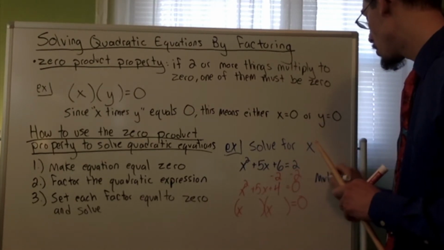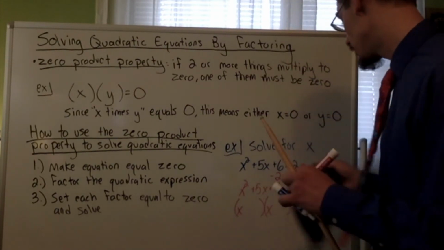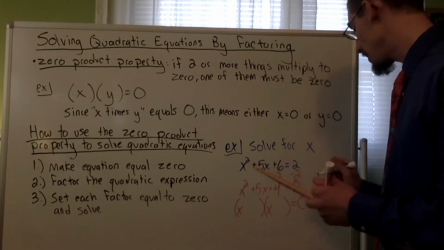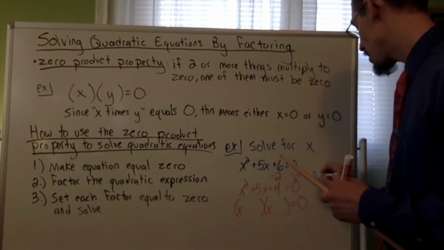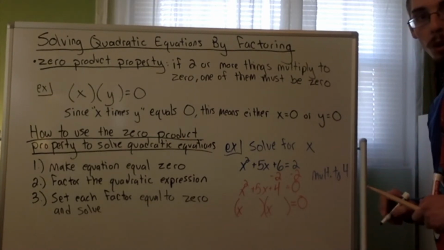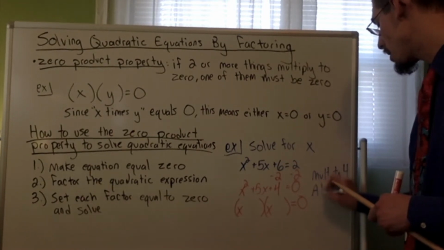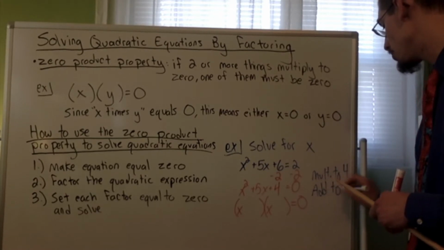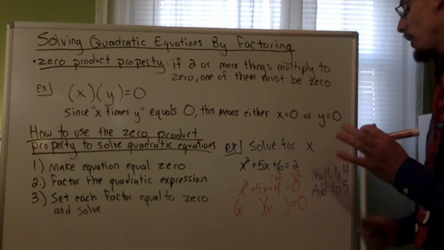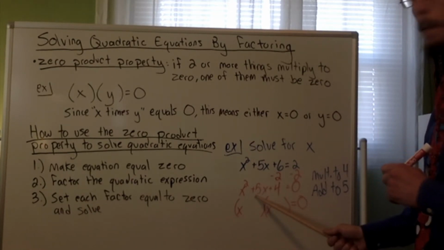So, let's think about numbers that would multiply to 4 and add to 5. Remember, you multiply to the end term and add to the middle term.